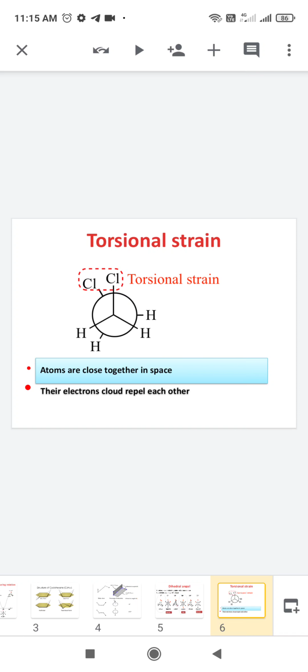So it acquires a repulsion, and this repulsion also exists in the sigma bond electrons, because the sigma bond is formed between the C-Cl, C-C and C-Cl bonds. So a repulsive force exists in the sigma bonds themselves. This type of strain is known as torsion strain. Here the chlorine atoms are very close together in space, and the electron clouds repel each other.